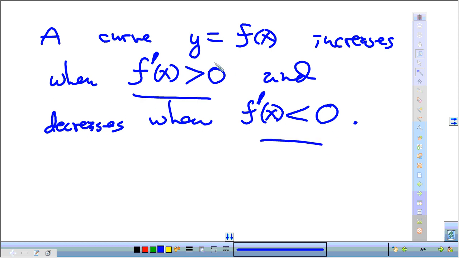So, to look at where it is increasing, where it is going to decrease, we end up looking at inequalities we need to solve. When is the derivative bigger than 0? When is it less than 0?